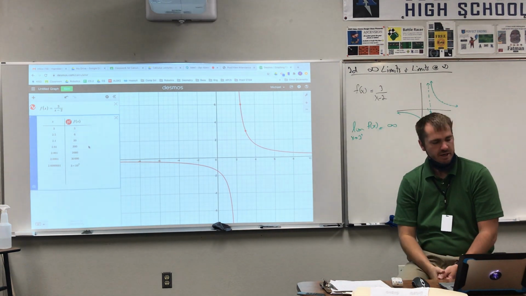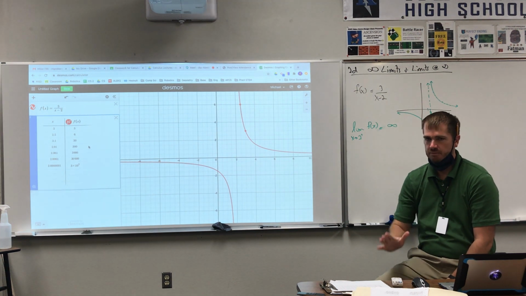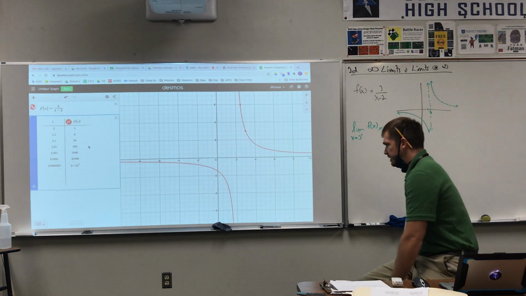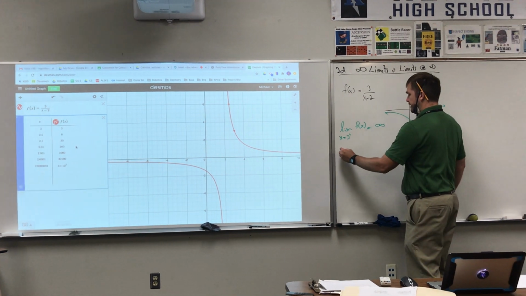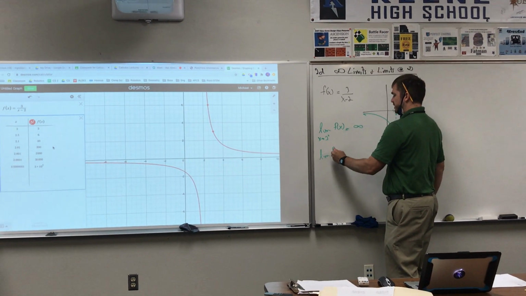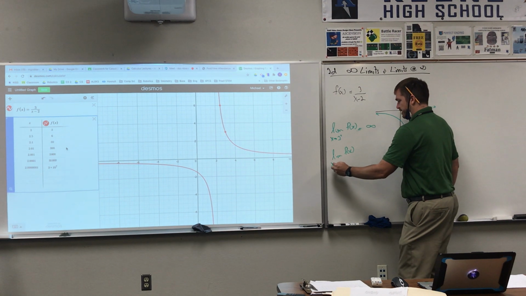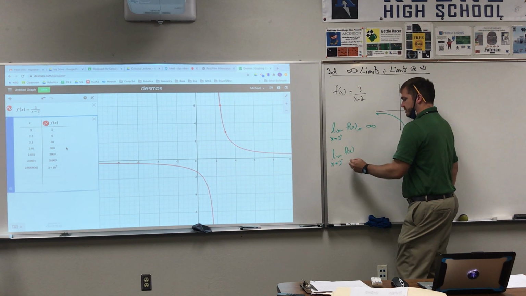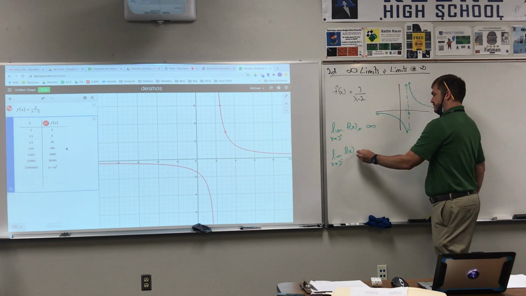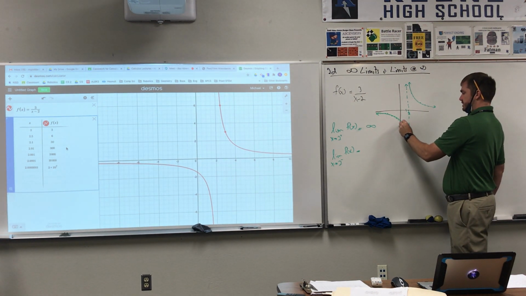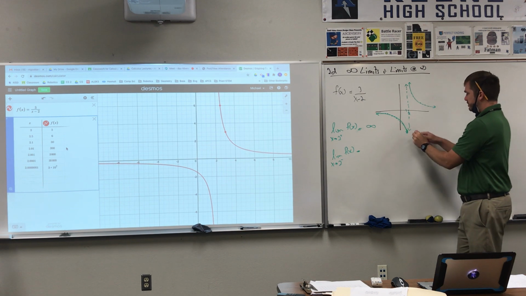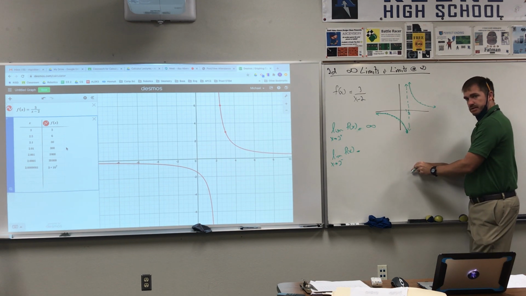That would allow you to write infinity on a problem where there clearly was an asymptote. And along the same lines, we could say, what is the limit of f of x as x approaches 2 from the left? It definitely seems to be approaching negative infinity.